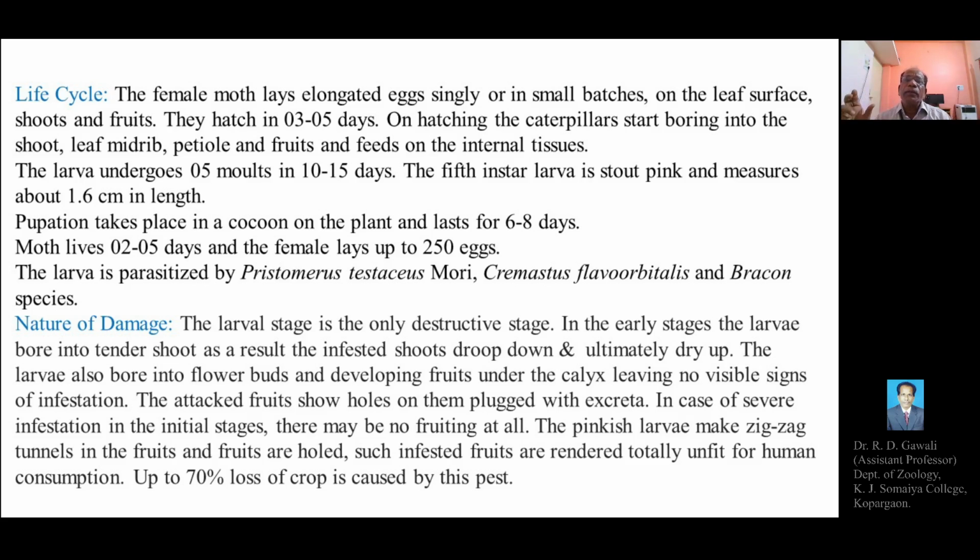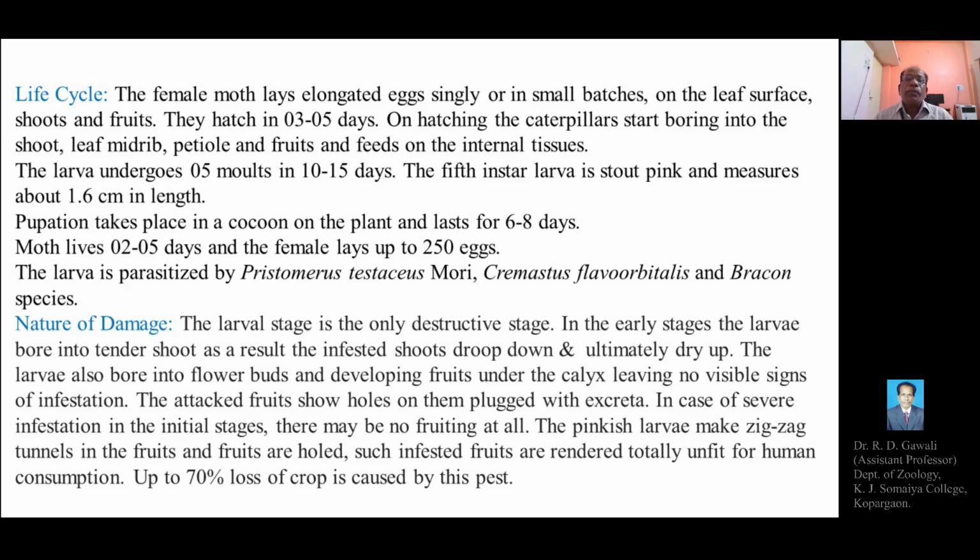So within this period of 2 to 5 days, it undergoes breeding, that is mating with the adult female, thus facilitating the process of sexual reproduction, after which the female moth lays about 250 eggs singly or in small batches on the surface of the brinjal plant or onto the fruits or shoots or the branches or the midribs or even on the fruits of the brinjal plant.